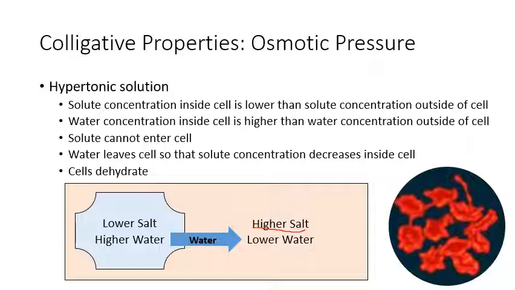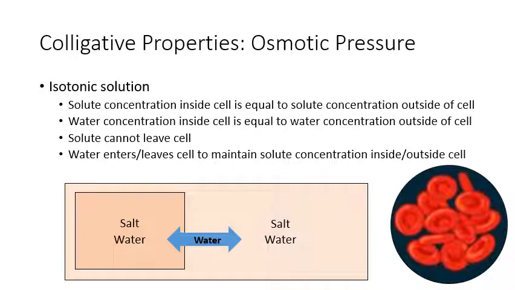So the overall water concentration is a little bit low compared to the inside of the cell. And that's why the water leaves there, and that causes the cells to dehydrate. An isotonic solution, basically the water inside and outside is the same, so any motion of water is equal from one side to the other.